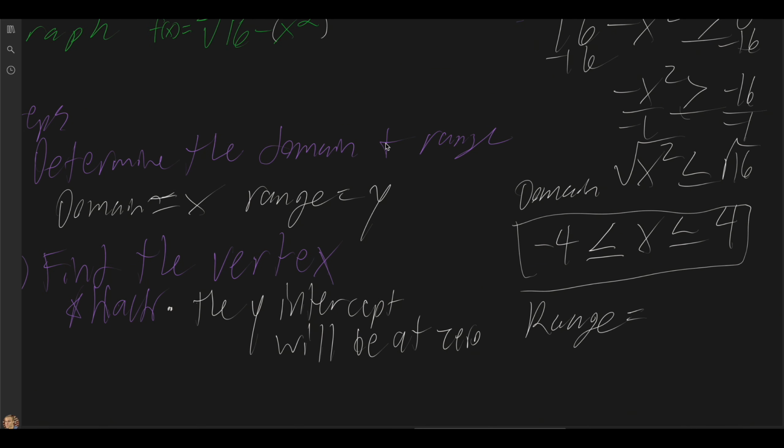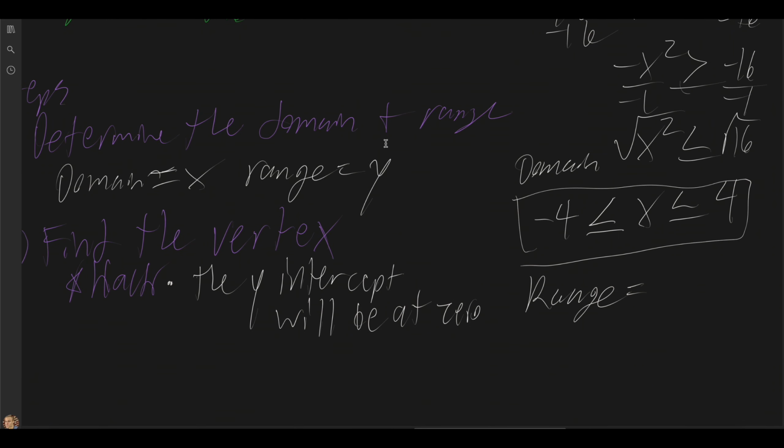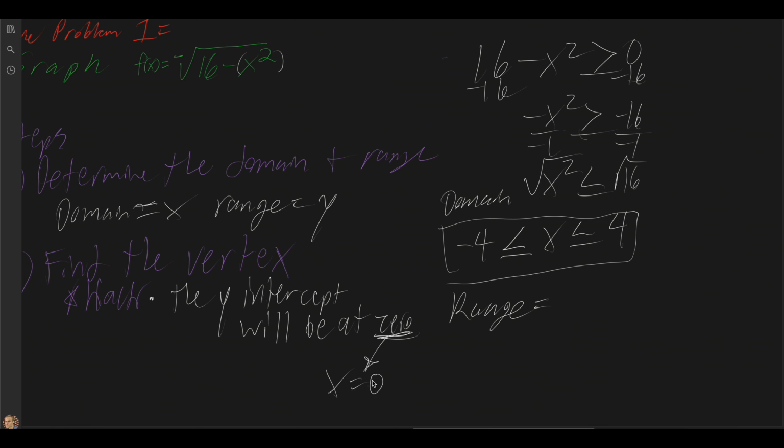And so when we have that predicament, x would be at 0. And in that case, the range is going to be 0 less than or equal to y less than or equal to 4.